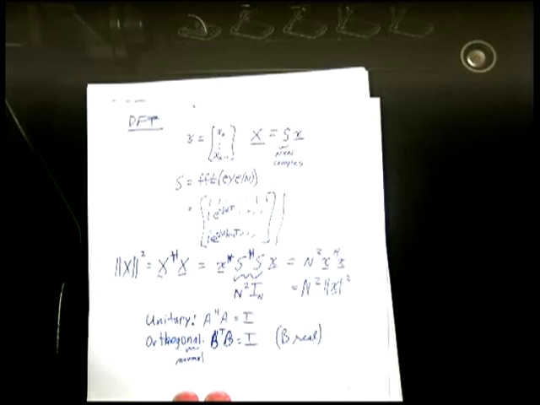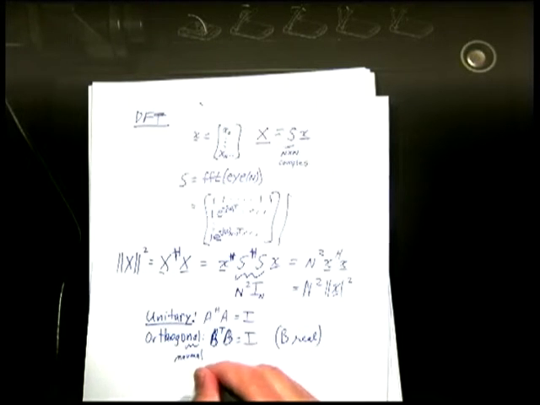Unitary is really the right term for a complex matrix that is self-adjoint, just to throw out another term. So the matrix Hermitian transpose times itself is the identity. That's the property of the normalized DFT matrix. So what do you have to do? Let's call it S tilde.